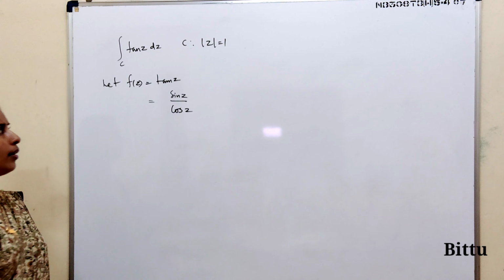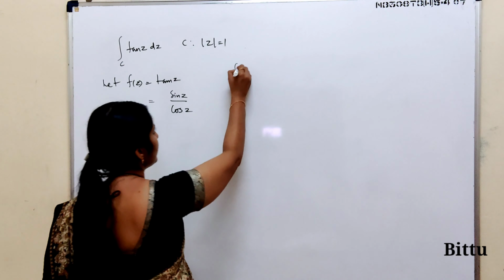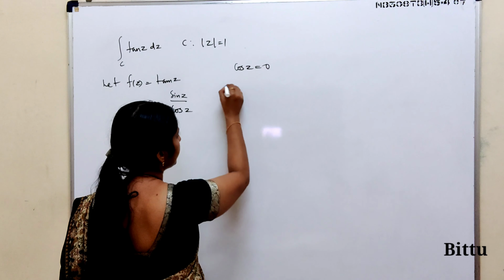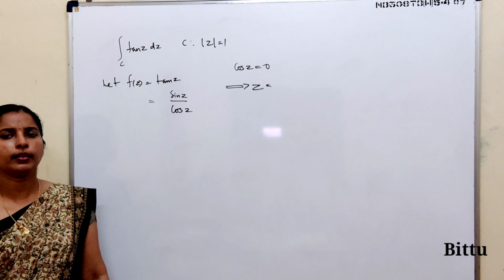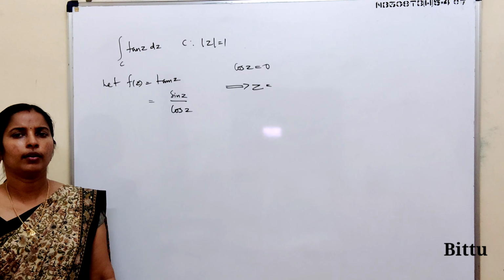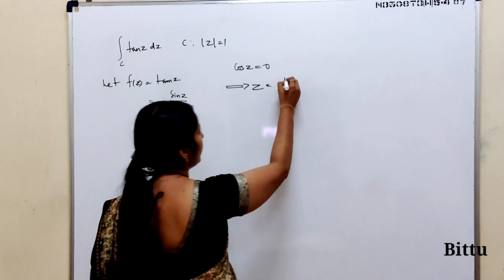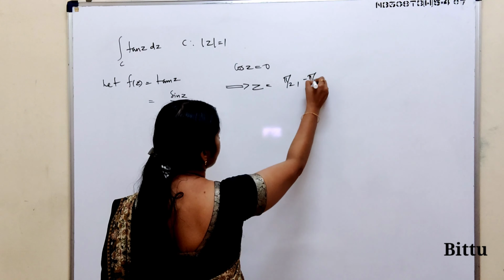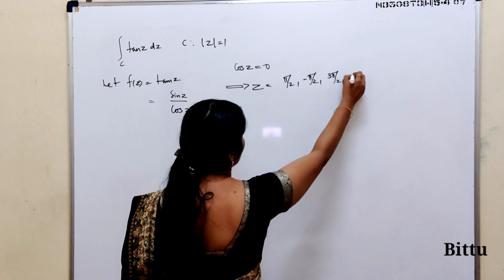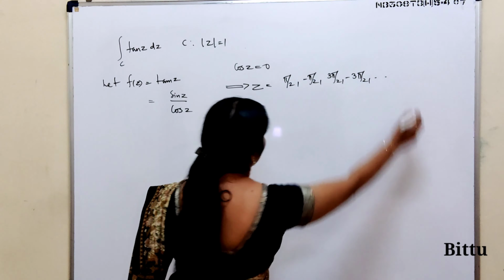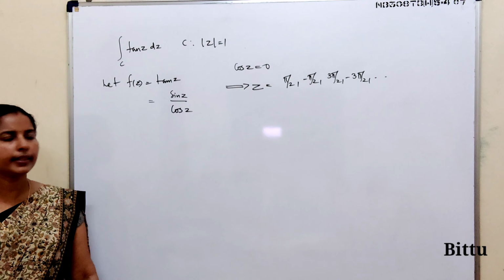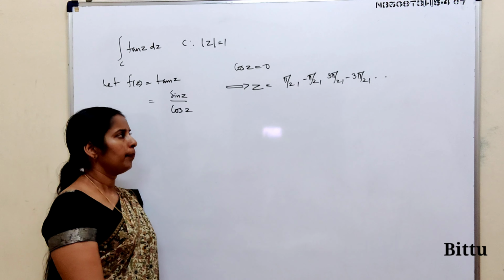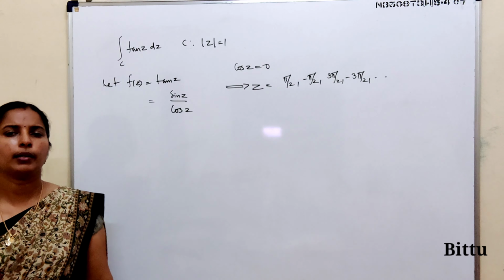So singularities of f(z) are those values of z which satisfy cos z equal to 0. We know cos(π/2) is 0, cos(−π/2) is 0, cos(3π/2) is 0, cos(−3π/2), cos(5π/2), cos(−5π/2) etc. are 0. So the singularities are π/2, −π/2, 3π/2, −3π/2, etc.